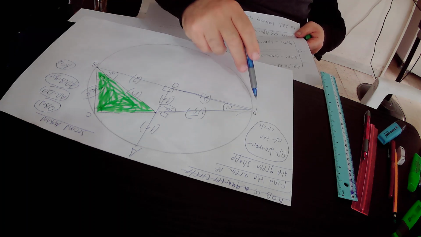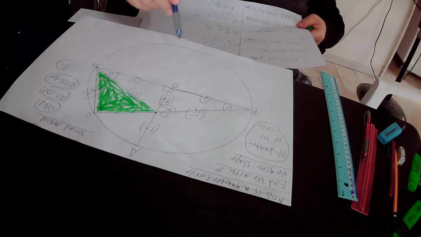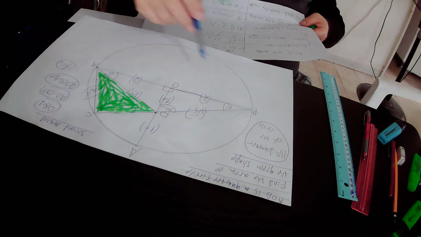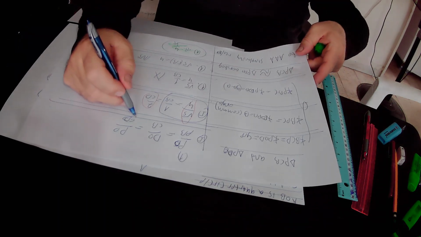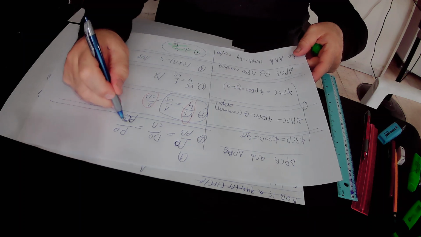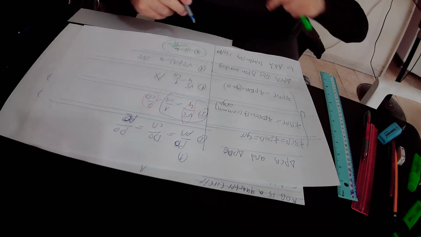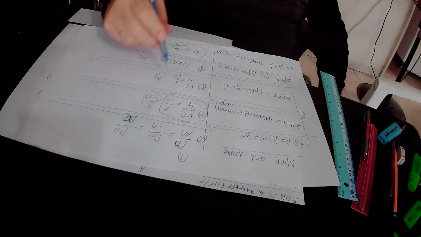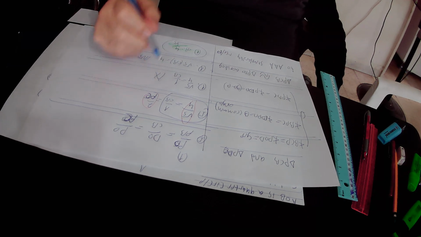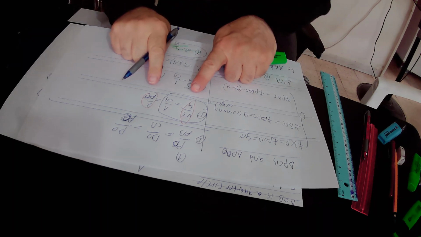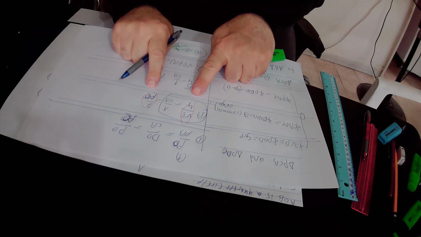Okay, this side PO in the small triangle over side PC in the big triangle. So it is not CD but PC. Okay, so it is PC over PC.